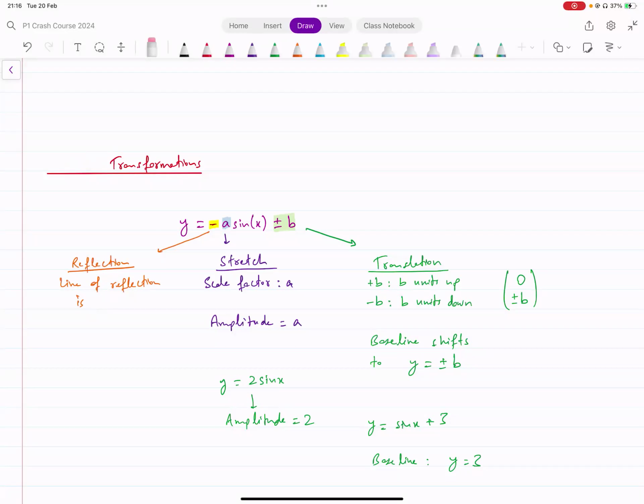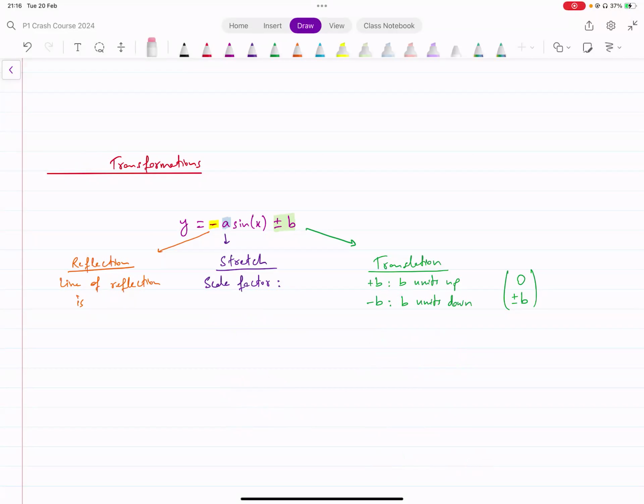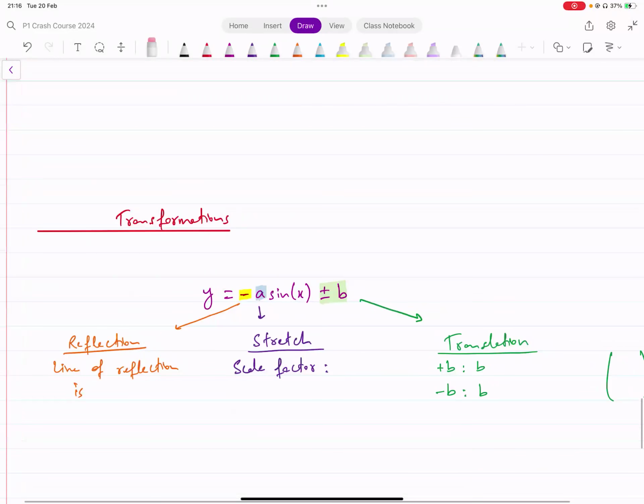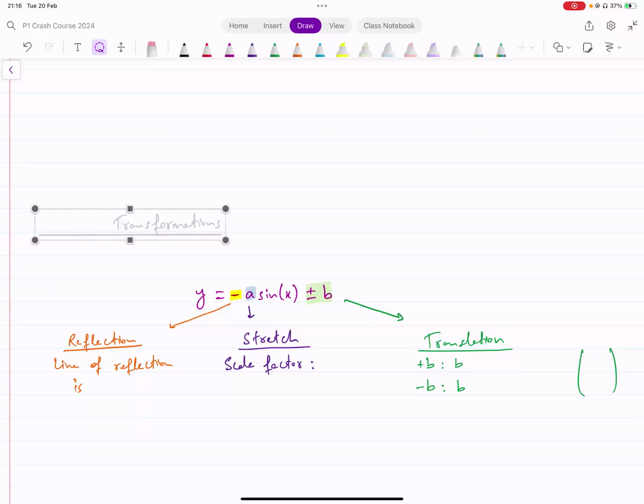Just give me a minute. Okay. So let's see what happens with horizontal transformations. I'm sorry, I'm a lazy person, so I don't like to write a lot. So I just copied all of that. Horizontal transformations.